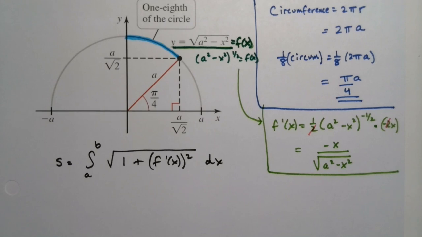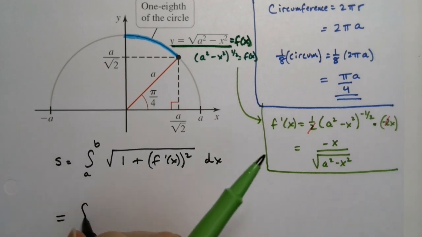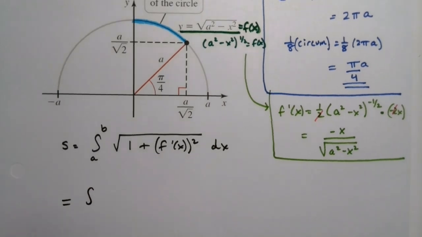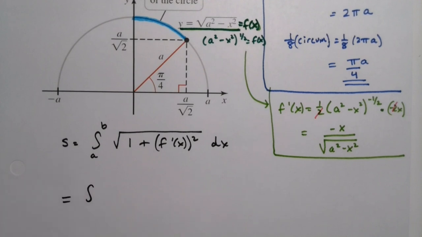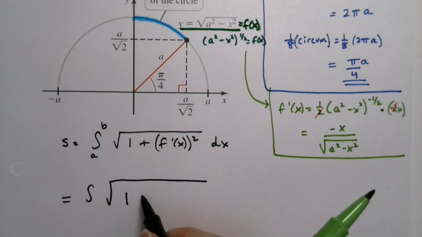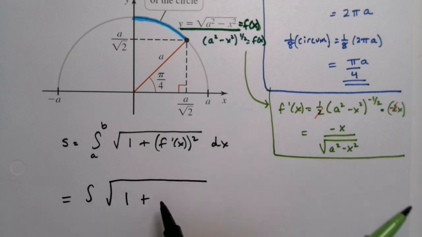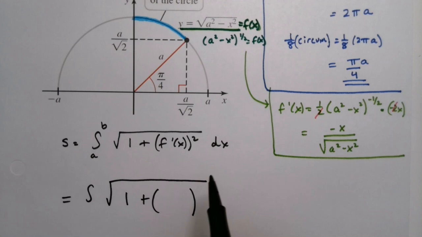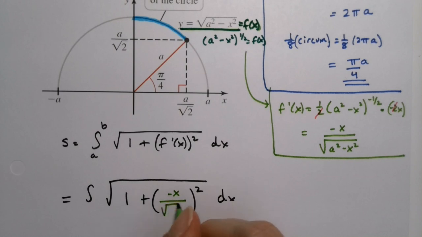All right, so then we want the integral from something to something. We'll figure that out in just a second. But I do know that it's the square root of 1 plus my derivative, so I'm going to take that derivative and square it. So that'd be negative x over the square root of a squared minus x squared.